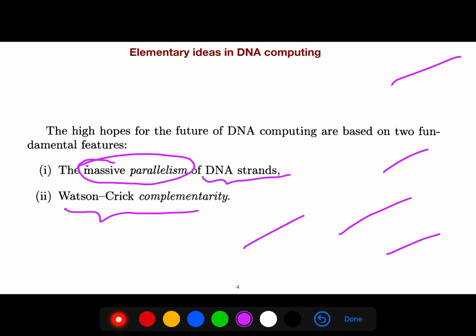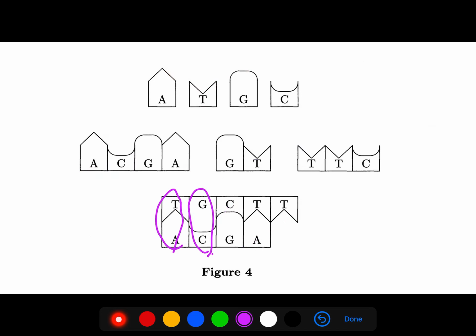And this important theory of Watson-Crick complementarity refers to the fact that, for example, A and T match together, C and G. Because there is always a match, consider just a byte in computer systems, 0, 1, 0, 1.